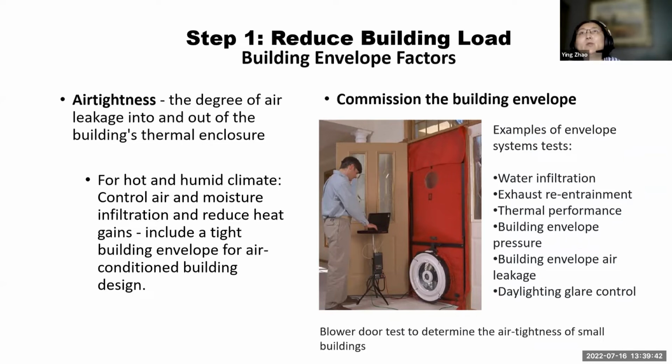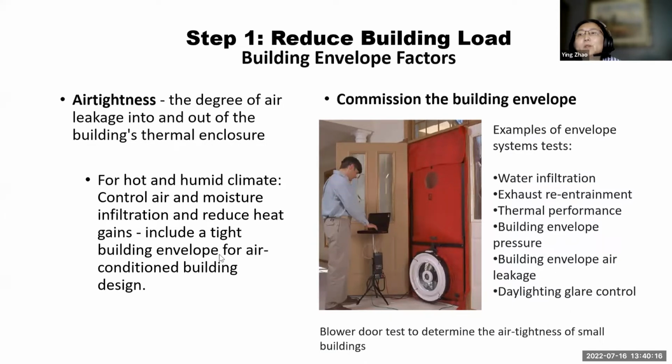For example, in winter, you don't want air to leak into the building. But it's also very important for hot and humid climates, because in a hot and humid climate the air has both high temperature and high humidity.